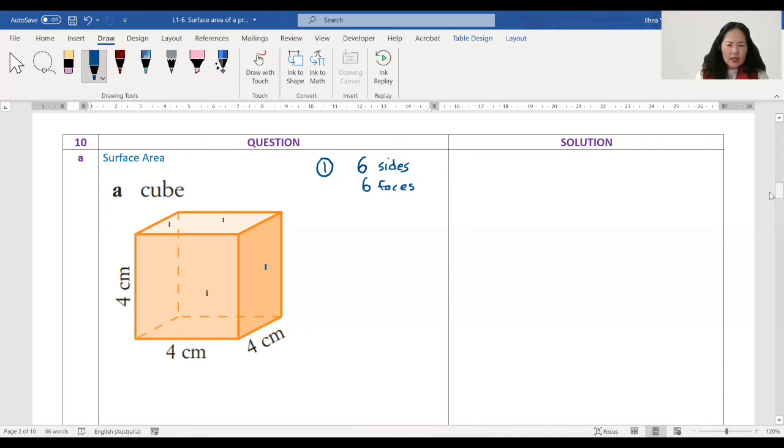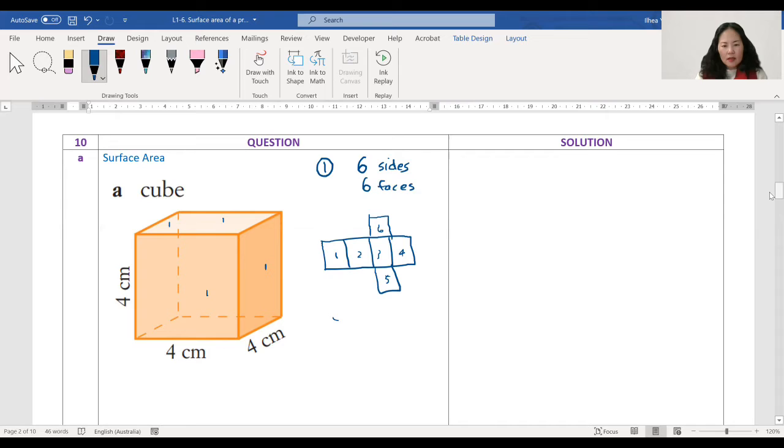If you could open this box up, you probably will get something like this. You can see there's 1, 2, 3, 4, 5, 6 faces, isn't it? So remember, the cube has 6 faces. All right, so we've done that.